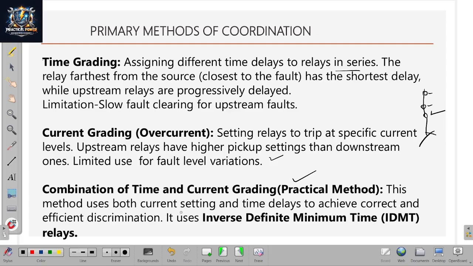It uses inverse definite minimum time relays, that is, IDMT relays.